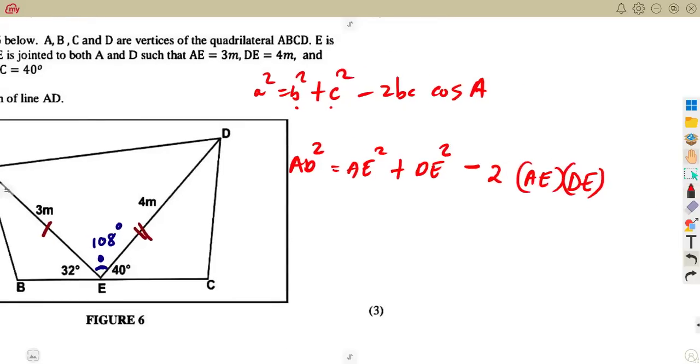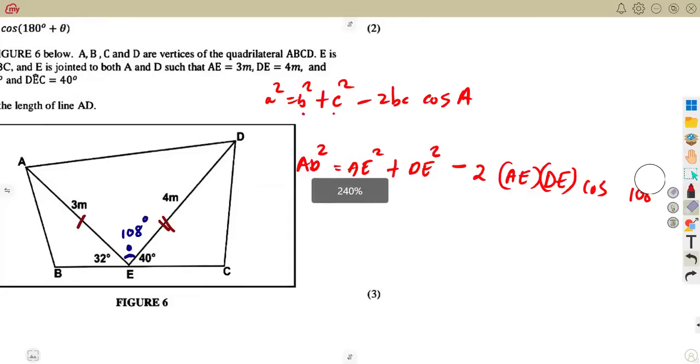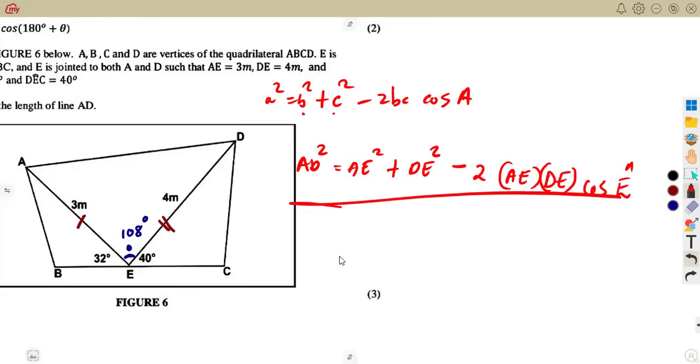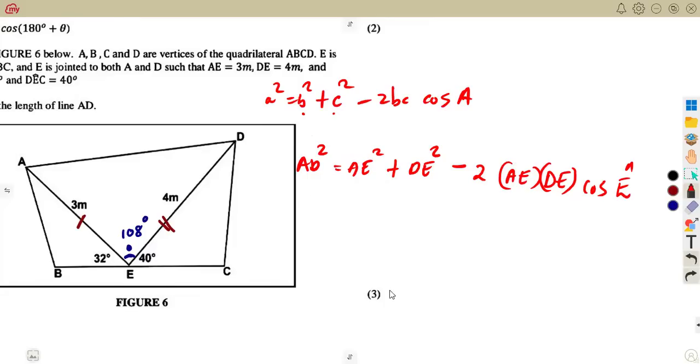Then cos of the angle which is in between these two sides, which is cos of 108. And that is an included angle. It's called an included angle. That's simply cos theta, which is cos E, our angle there. So it's cos angle E or AED. This is just writing. Knowing this formula, write down this one.